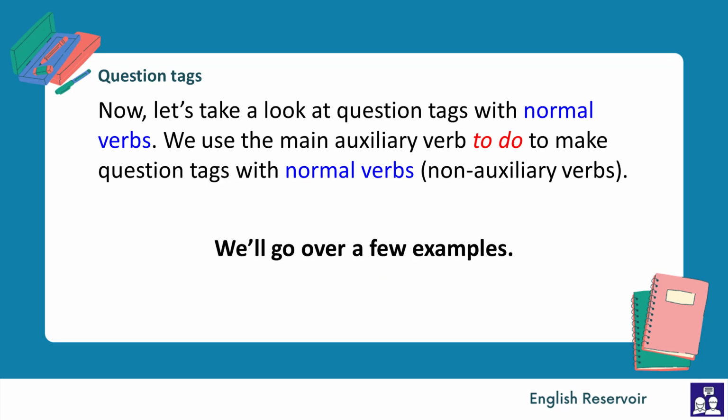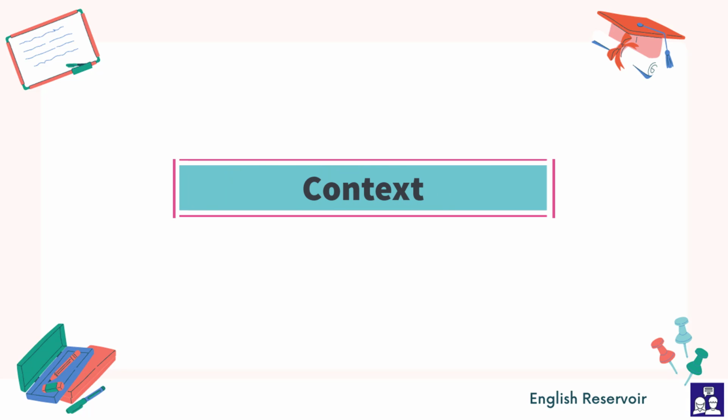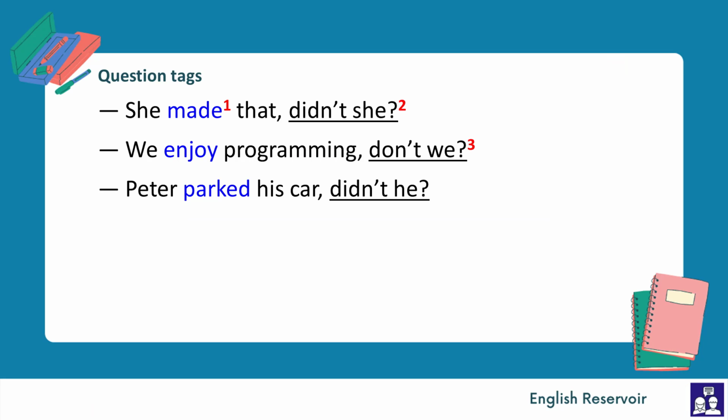Now, let's take a look at question tags with normal verbs. We use the main auxiliary verb, to do, to make question tags with normal verbs, non-auxiliary verbs. We'll go over a few examples. She made that, didn't she? We enjoy programming, don't we?